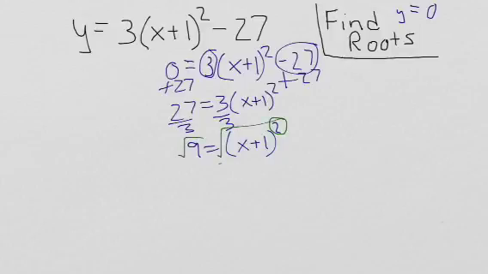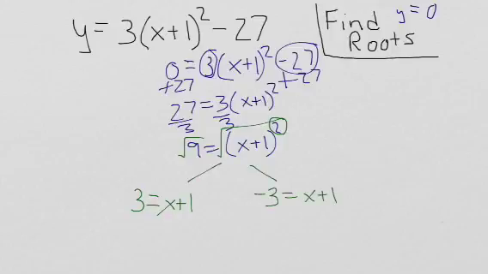By square rooting, we split the problem into two answers, because this is where that line of symmetry, two sides to the line of symmetry, comes in. We're going to have the square root of 9 as a positive 3 equals x plus 1. And we're going to have the square root of 9 as a negative 3 equals x plus 1.